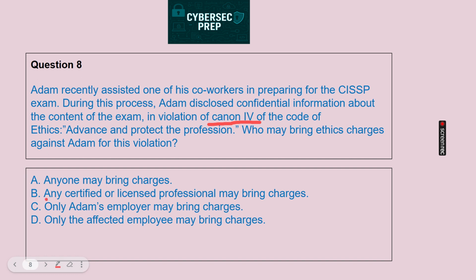So, in the four options, option number B is relevant to the requirement of this question. So for now, this is the correct answer, right? We will see what other canons talk about.